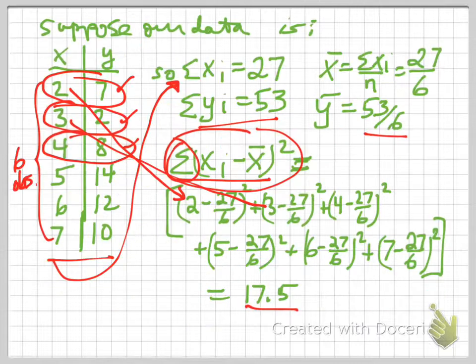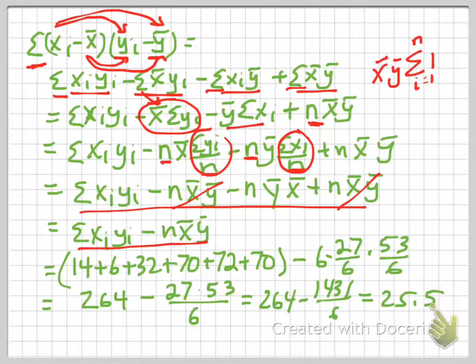So if I go back to my table, x times y is 2 times 7 is 14, 3 times 2 is 6, 4 times 8 is 32, 5 times 14 is 70, and so on. So I have all those terms here, and then I add them all up, I get 264.